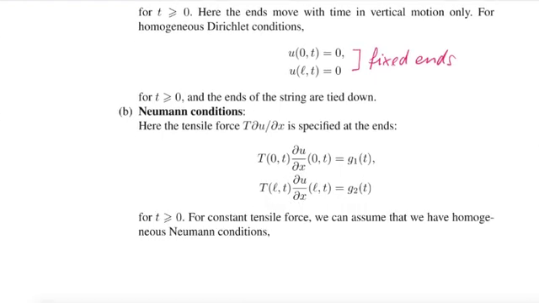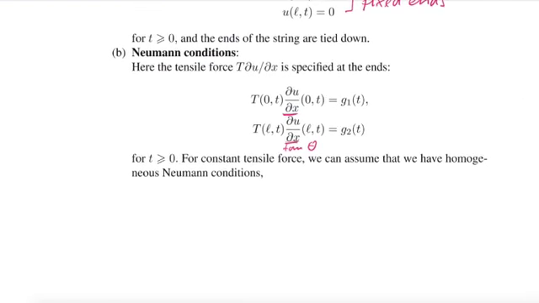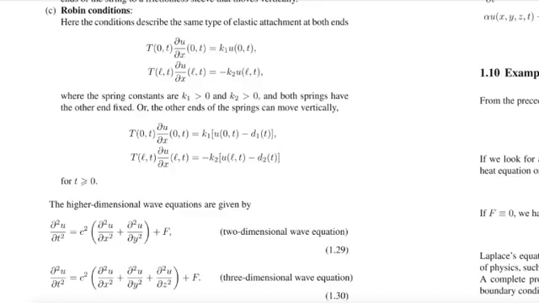Neumann conditions, you describe the angle, right? du by dx, this was basically tan theta. So here you prescribe the angle of the string at the end. This is kind of a strange condition, which is maybe not so relevant in music, but it might be more relevant in the electromagnetic application.